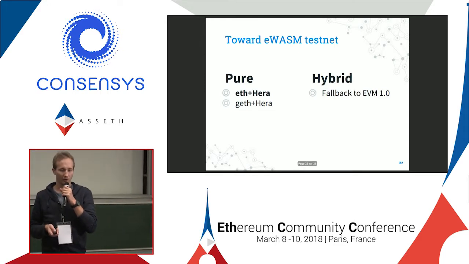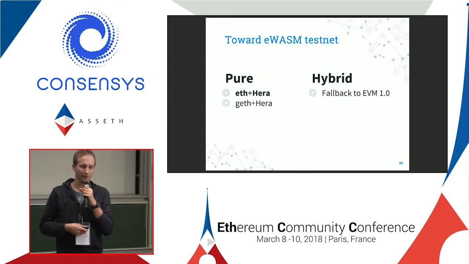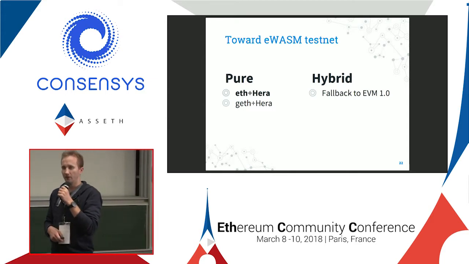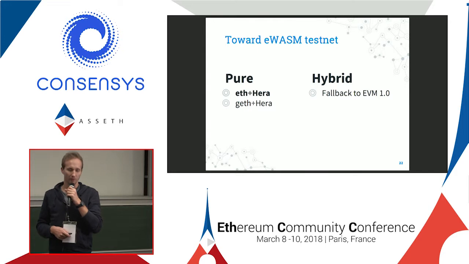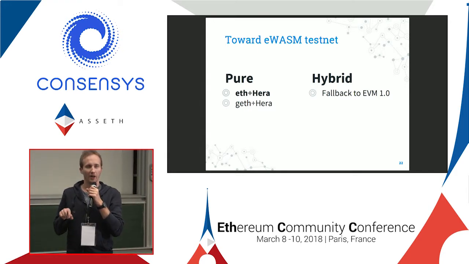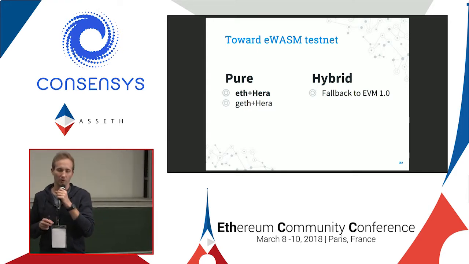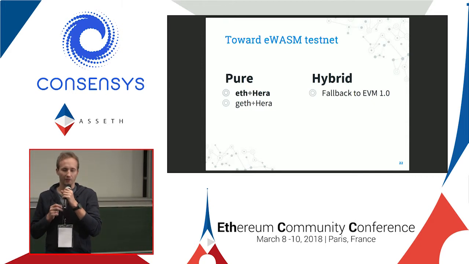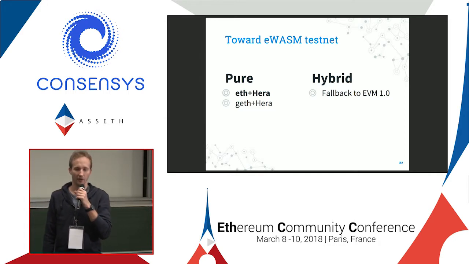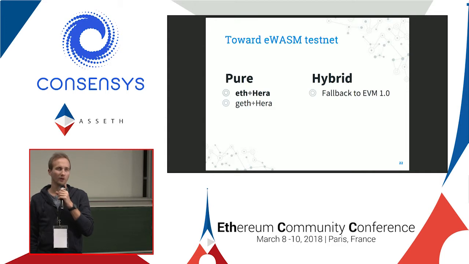The second approach, maybe as a different testnet, is to go with hybrid mode. This is also one of the features of EVMC: we can have both languages, EVM and EWASM, coexisting in the same blockchain.